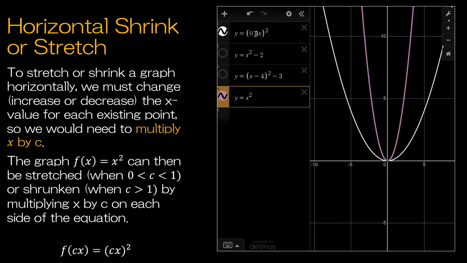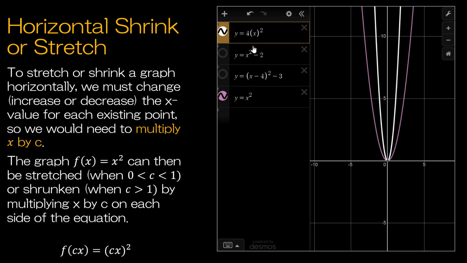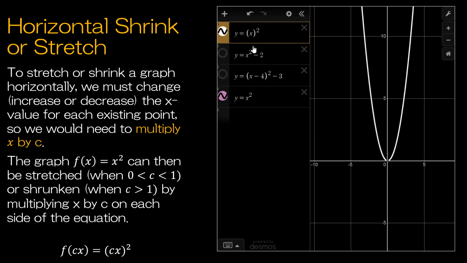Whereas if I instead make a number that is greater than 1, it's like I'm taking my hands on each side of that pink parabola and squishing them together. So there's your workout for the day. Good work. Now, keep in mind that this is not the same thing as me putting a 4 on the outside. We're going to talk about that in a moment.